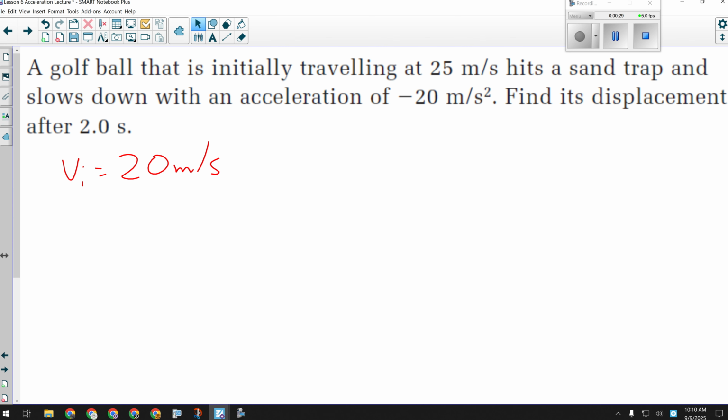Now, I don't like the way they wrote that. If this were me, I would say slows down with an acceleration of 20 meters per second squared. Because by putting the negative in there, is it negative slowing down? Because negative slowing down is speeding up. I say slowing down, you got to know that's a negative number.